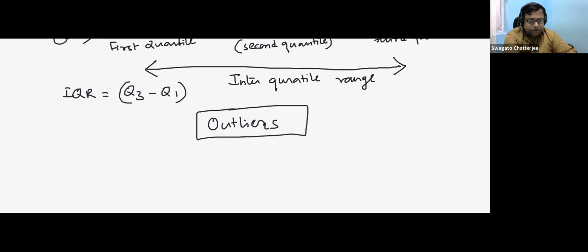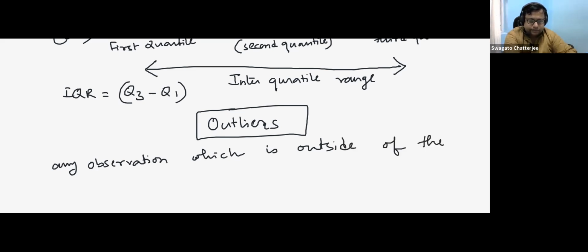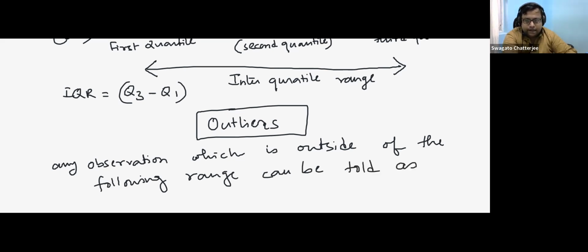Any observation outside of the following range can be called an outlier, and you can remove them from the data set or handle them separately.